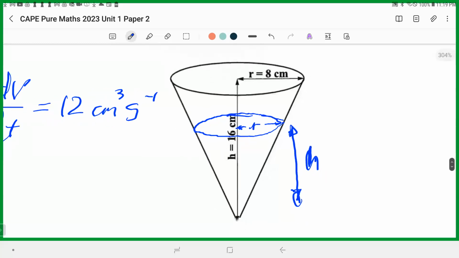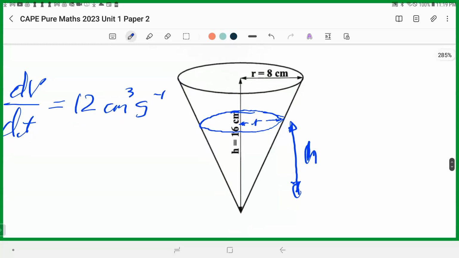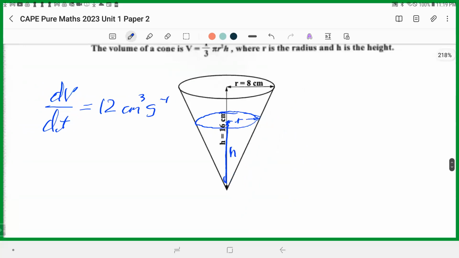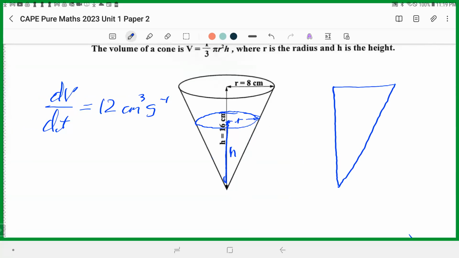Now we have similar triangles in here, guys. If I put the h inside here for the height that we're using, we have similar triangles. If I were to pull it out and show you, focus on this piece right here.